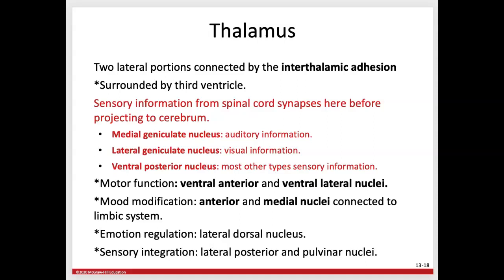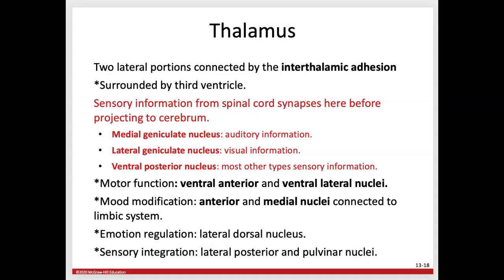And this is directly related and connected to the limbic system, because when we talk about the limbic system, you will hear me say it's all about mood, basically, your general mental status, emotions.